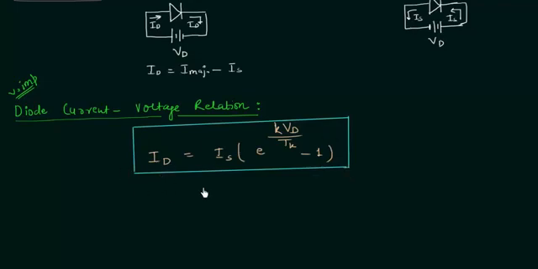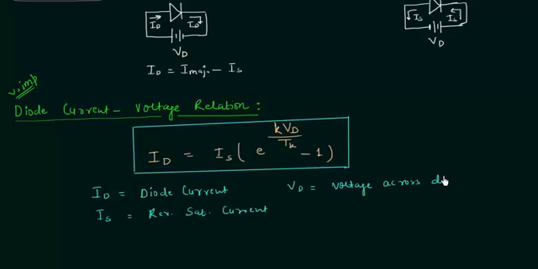In this, ID is the diode current, IS is the reverse saturation current, and VD is the voltage across the diode.